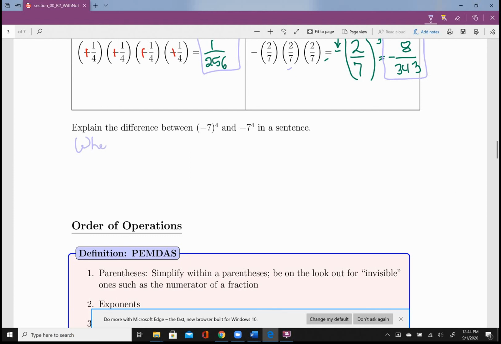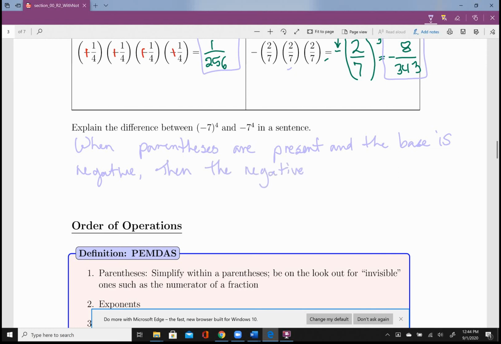When parentheses are present and the base is negative, then the negative sign gets repeated in the expansion.